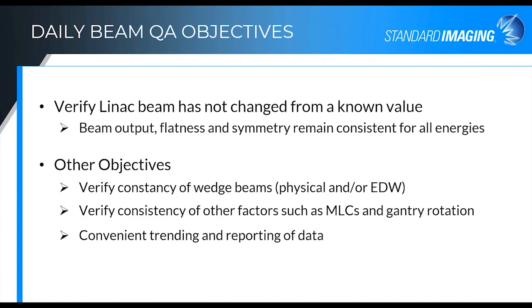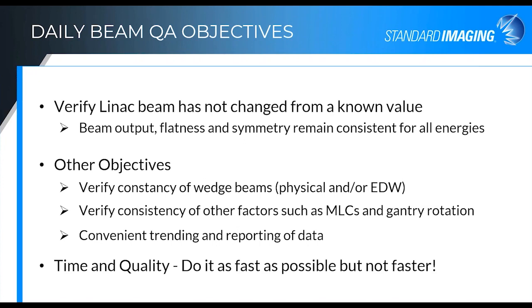Other objectives that you might have would be to verify the constancy of your wedge beams, whether those would be physical or electronic dynamic wedge, and some other factors perhaps like MLCs and your gantry rotation. You also certainly want a convenient way to trend and report that data.